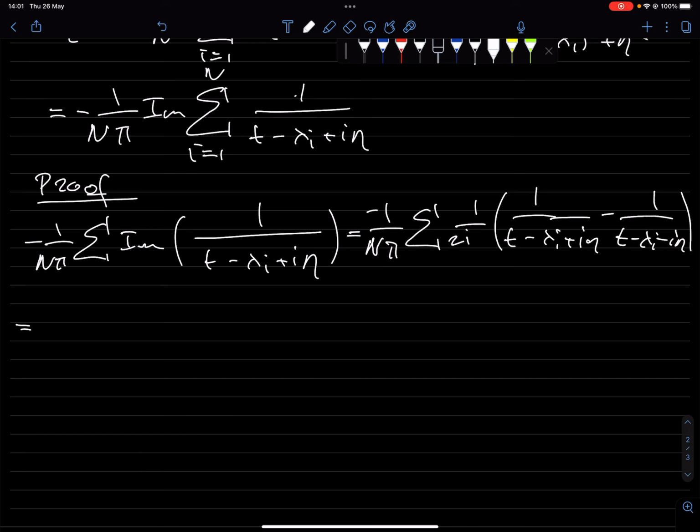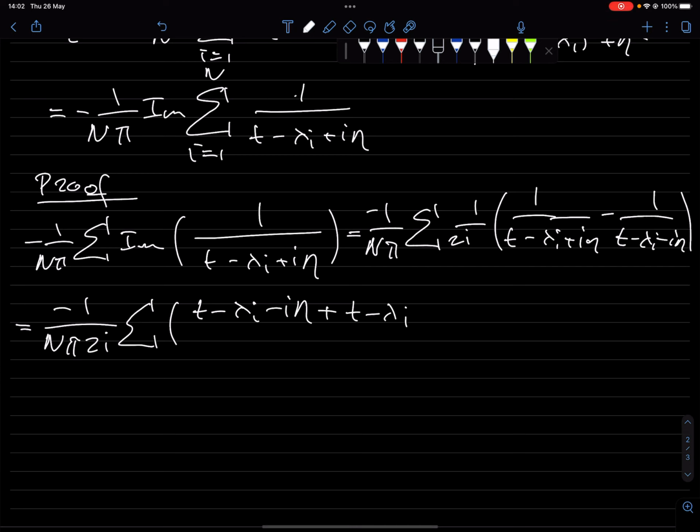So when we combine everything, we can bring the 2i up front, and bring the two fractions together, so it's going to be (t minus lambda i plus i eta) minus (t minus lambda i minus i eta), and in the denominator we're going to have (t minus lambda i) squared minus (i eta) squared.